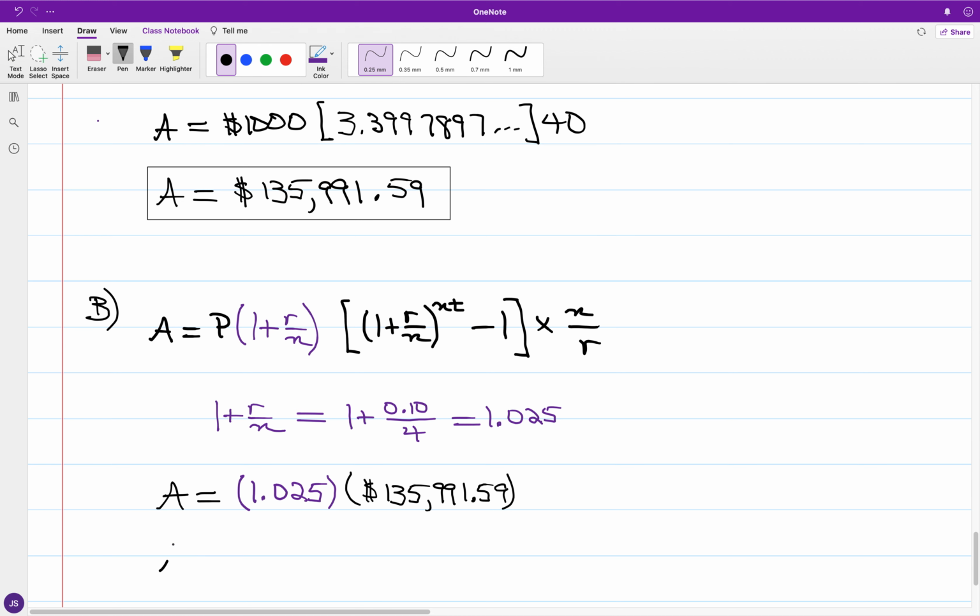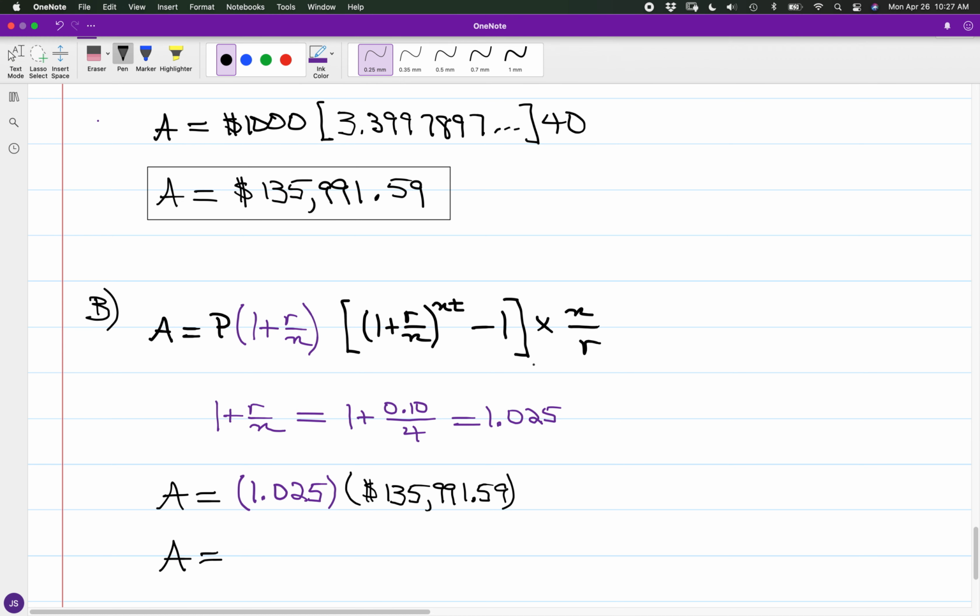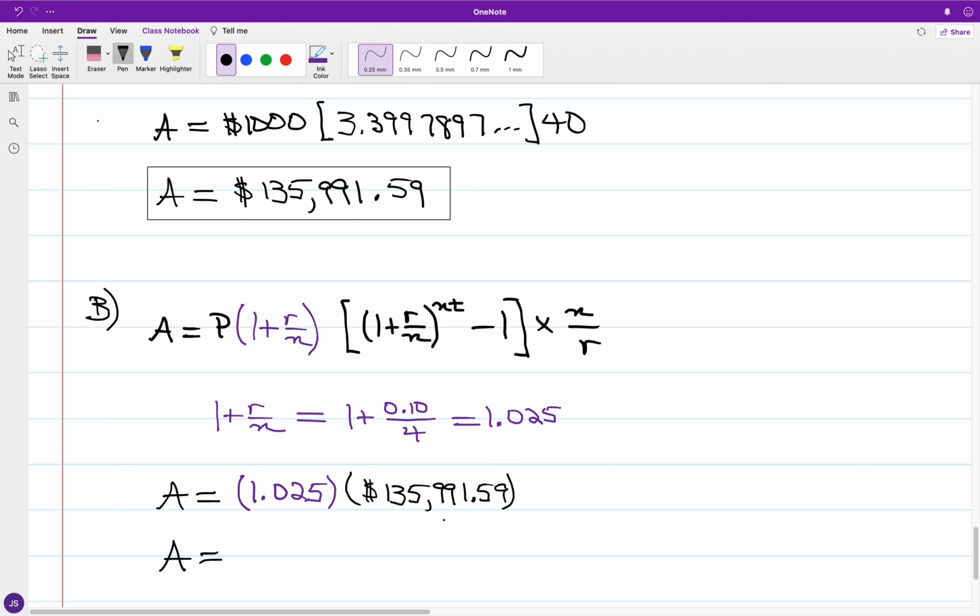So looking at the numbers here, multiplying by 1.025, in terms of dollars and cents, we're looking right at $139,391.38.